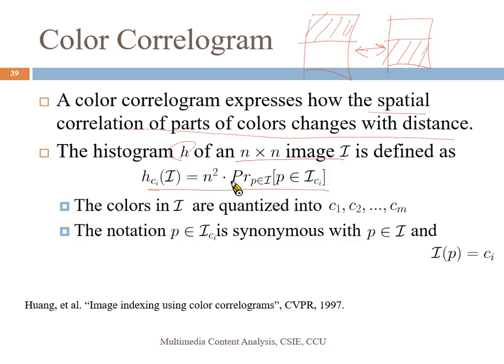For each bin, we use it in probability form, and n squared times this probability means the number of pixels belonging to this color bin. The colors in I are quantized into c1 to cm, and the notation p in I_ci is synonymous with p in I, with I(p) equal to ci.